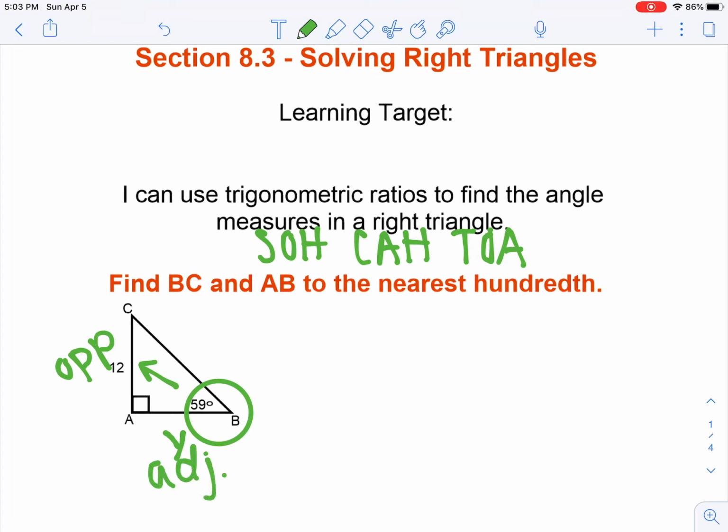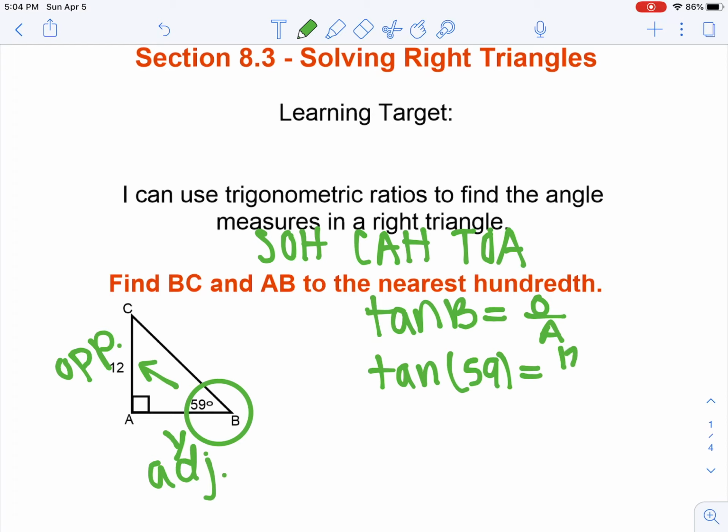We're working with our opposite, and Y would represent our adjacent side. So if we're working with the opposite and adjacent sides, it would make sense to use the tangent function, or the tangent trig ratio. So we can set up our equation by saying tan of angle B equals our opposite over our adjacent. So tangent of 59 equals 12 over Y.